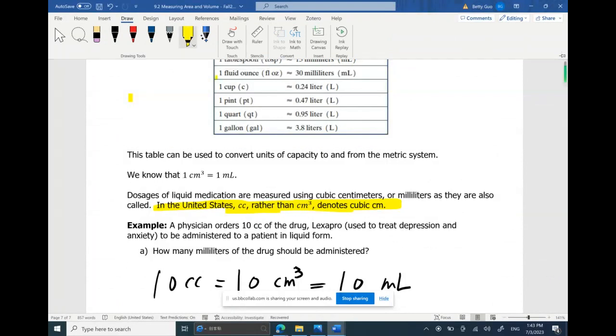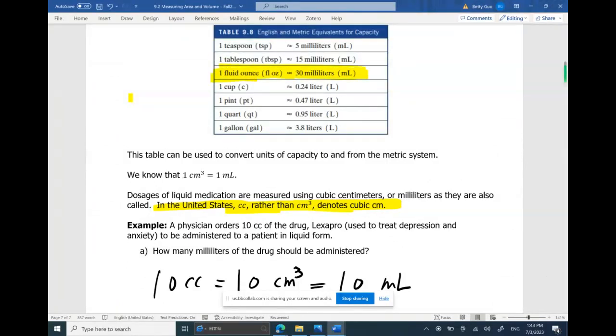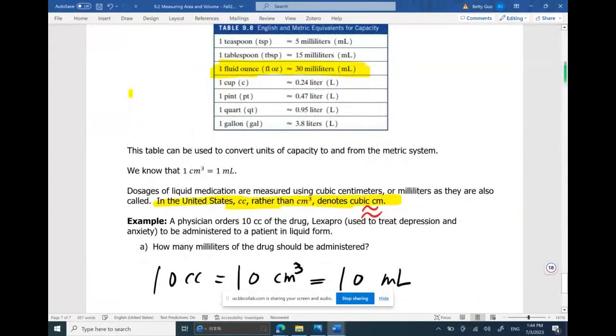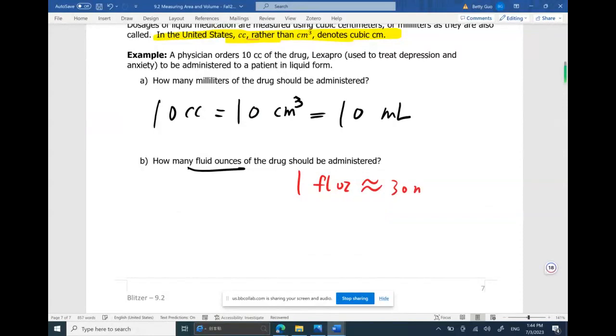As I said, normally this information would be given in the problem, so the connection between fluid ounce and milliliters is given. 1 fl oz is approximately equal to 30 milliliters. Between those two units, milliliter is a smaller unit and fluid ounce is a bigger unit.